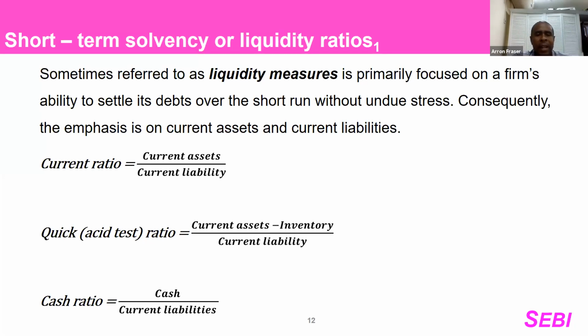The thinking behind this ratio is that inventory, though classified as a current asset, is not something that you can easily sell, right? So they're saying, look, our true measure of liquidity are the other assets: debtors, cash, prepayments, because we can realize benefits from those sooner than inventory.